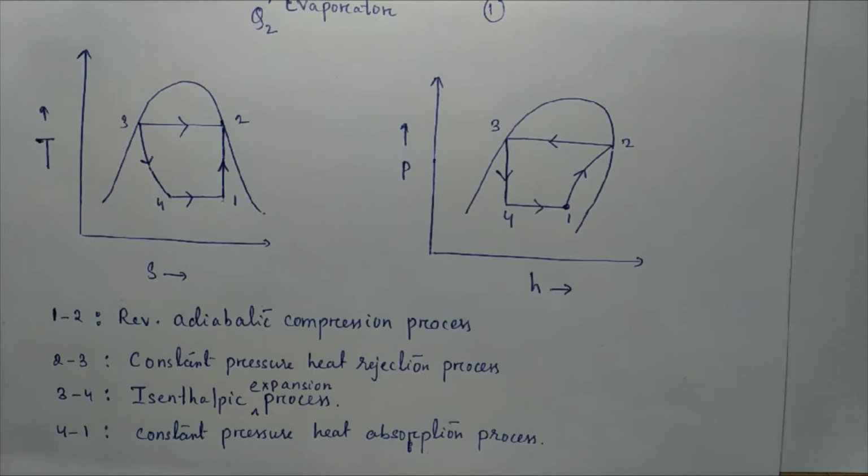Next one is the evaporator. The refrigerant which is converted to liquid in the condenser passes through the expansion valve and reaches the evaporator.